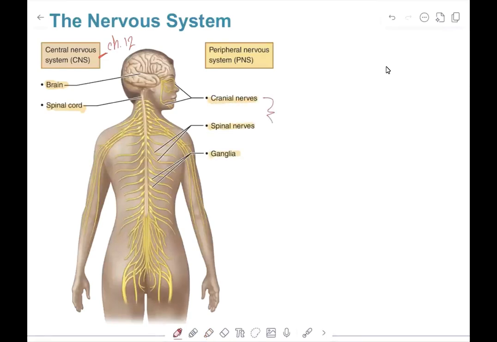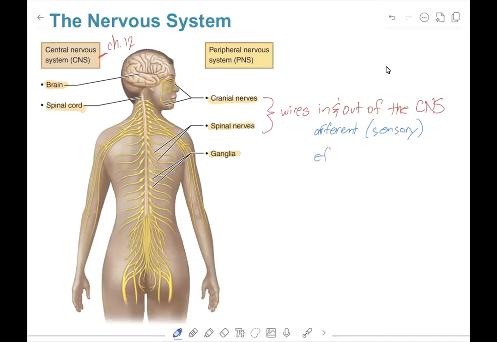It includes the cranial nerves, the spinal nerves, and the ganglia. The way I like to think of the cranial nerves and the spinal nerves is that they are the wires in and out of the central nervous system. So they would, in fact, be responsible for carrying the afferent signal, which would be sensory, from the sensory receptor to the central nervous system.